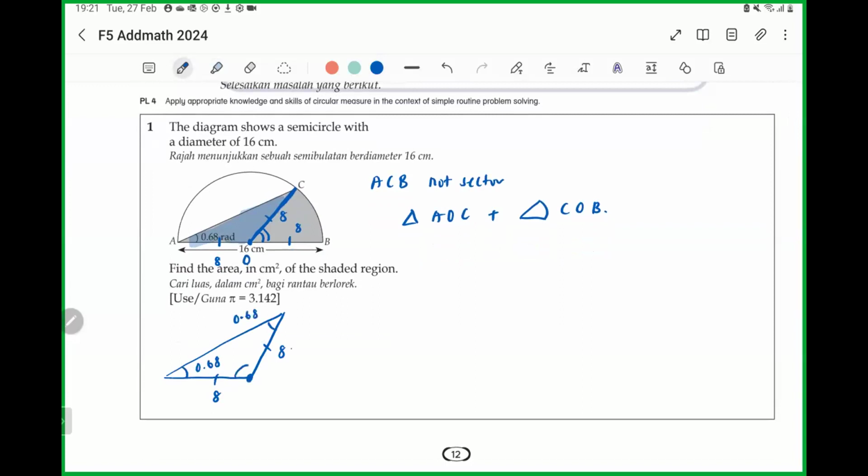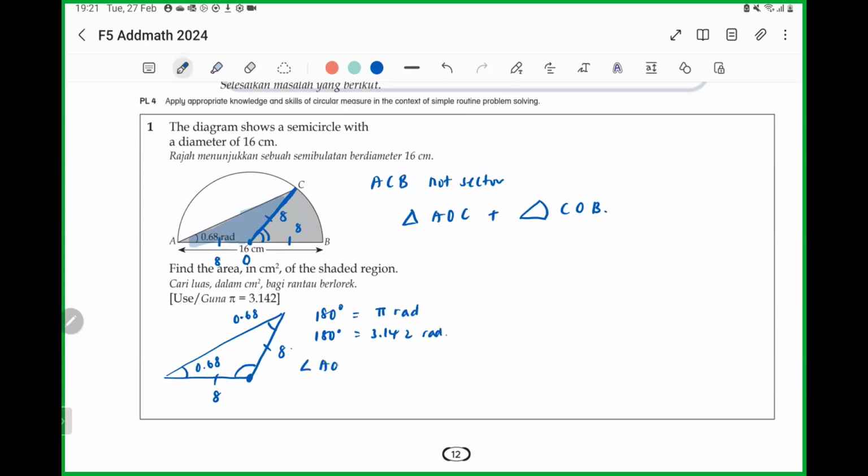Then I can find this angle, as you know that the total angle in a triangle is 180, and 180 is actually equal to pi radians. So it's 3.142 radians for 180 degrees.